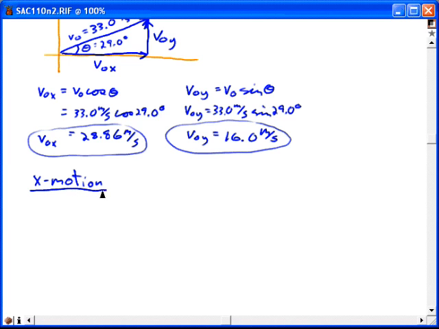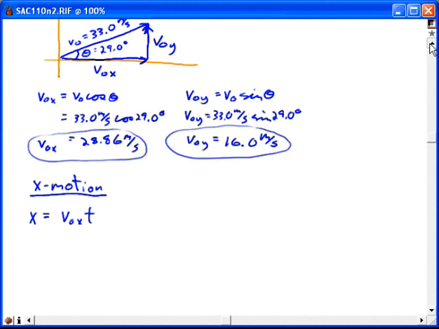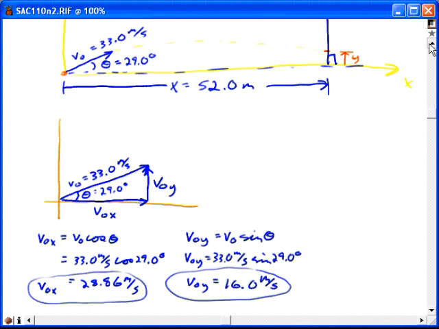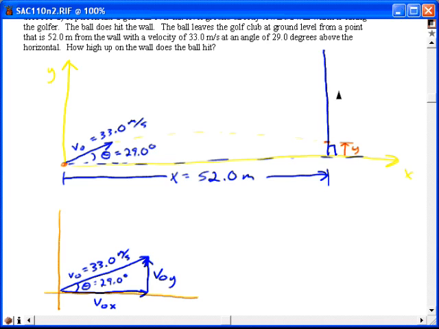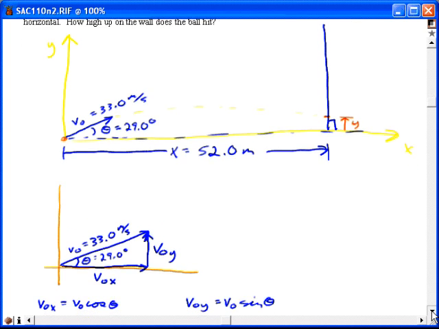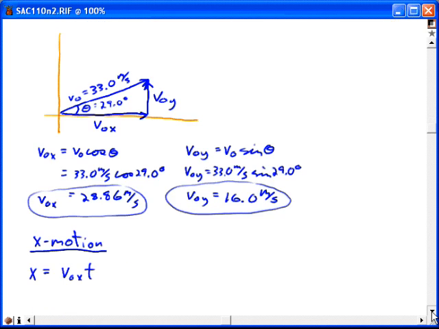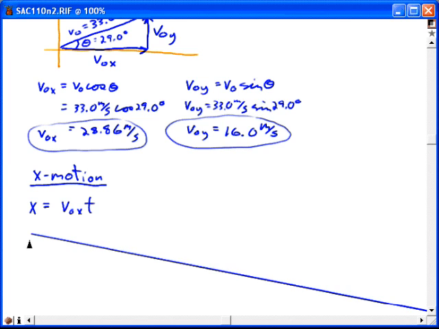Now, let's start with the x motion. There's no acceleration in the x direction, so x is just x0, which I claimed is 0. I started the golf ball at the origin, so it's just V0x times t. Now I want to know how high up on the wall, so I need to find the time it takes to get to the wall, where the distance x is 52.0 meters. So I'll solve this equation for the time of flight.